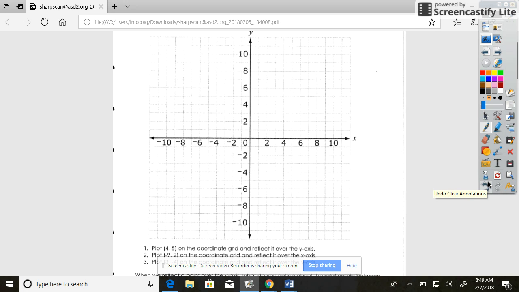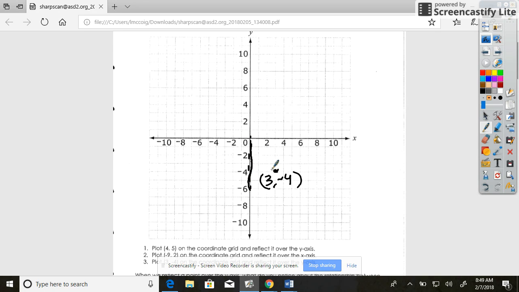Number 3, plot 3, -4. So start at 0, go to the right 3, and then go down 4. So this was 3, -4. Then it says reflect it over the y-axis. So here's my y right here. I need to cross that y-axis.